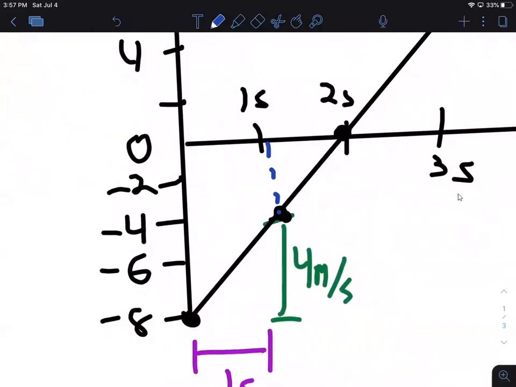All right, well, I know displacement is the area. So I'm looking for the area from 0 seconds to the first second. And I can see 2 shapes here, a rectangle and this triangle. The rectangle is pretty straightforward: 1 second times -8, yes, we are going to use the negative here, -8 meters.